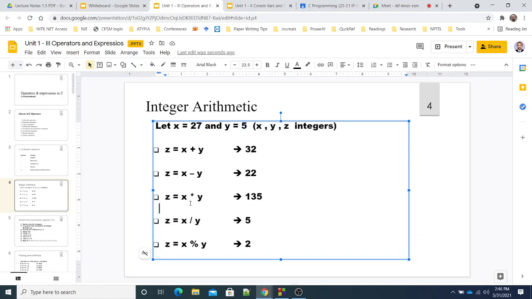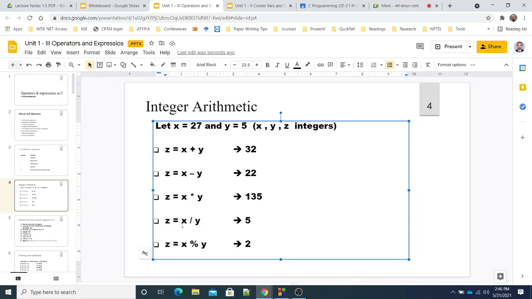But in C, we call these x and y operands, and this the operator. So these are all binary operators having two operands. Binary operator means that operator is having two operands. So plus has x and y, two operands, minus also a binary operator with x and y, like that.